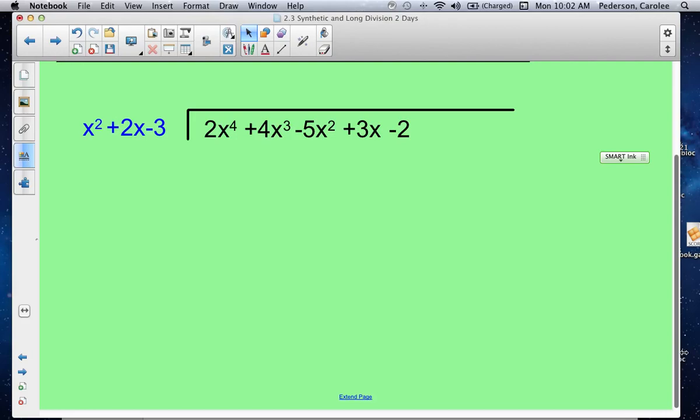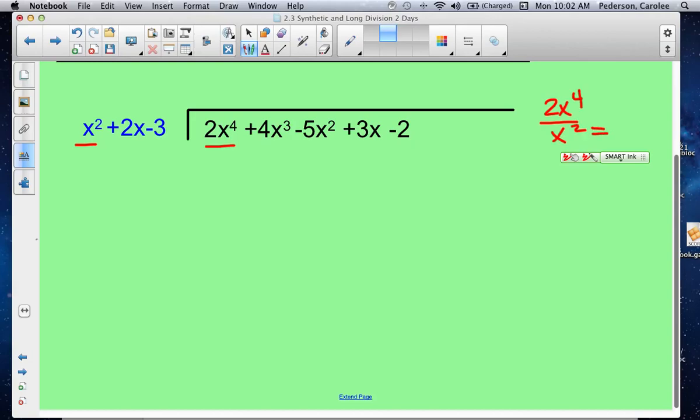You have x to the 4th, you have x cubed, you have x squared, you have x and its constant, so it's set to go. Now we're going to go ahead and divide, looking at the first two terms, x squared and 2x to the 4th. So off to the side, 2x to the 4th divided by x squared.